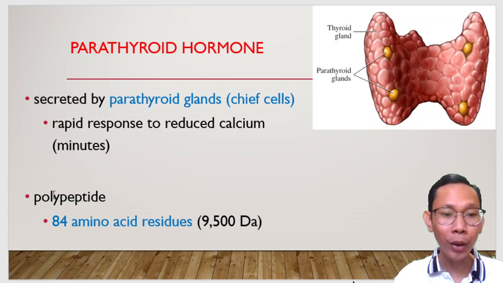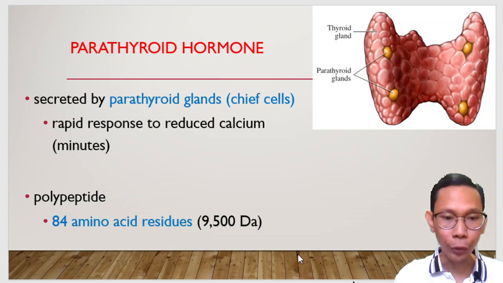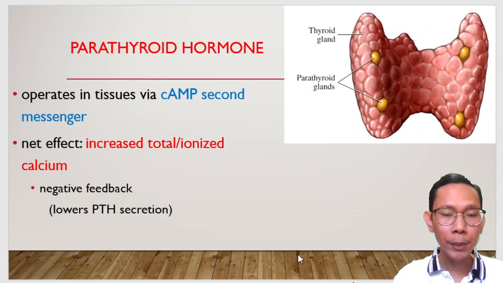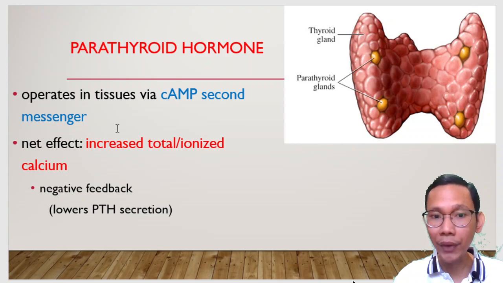It is actually a polypeptide, approximately 84 amino acid residues, 9,500 Daltons. So your parathyroid hormone operates in tissues via your cAMP second messenger. Remember that your parathyroid hormone uses a second messenger to have an effect, and it is your cAMP second messenger.